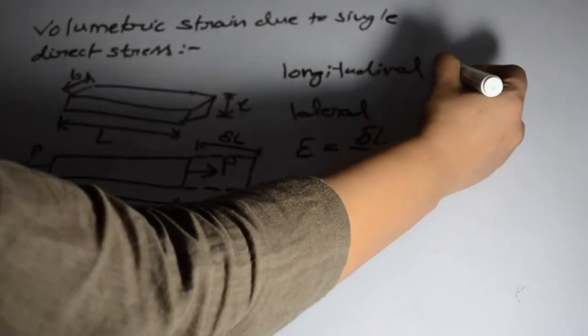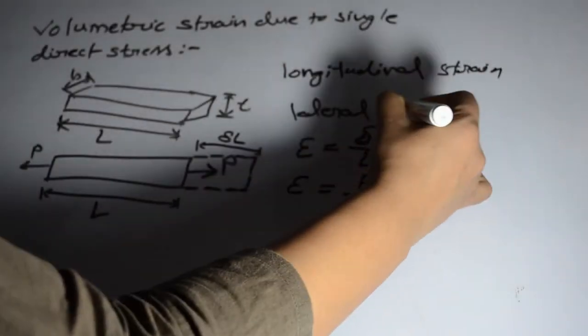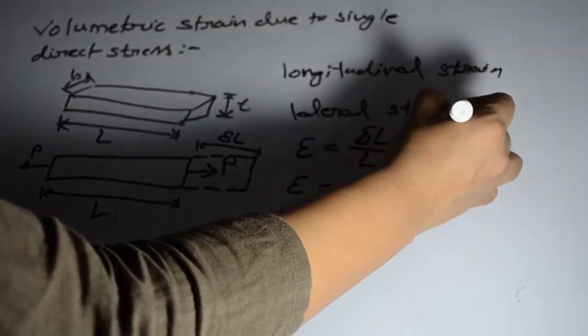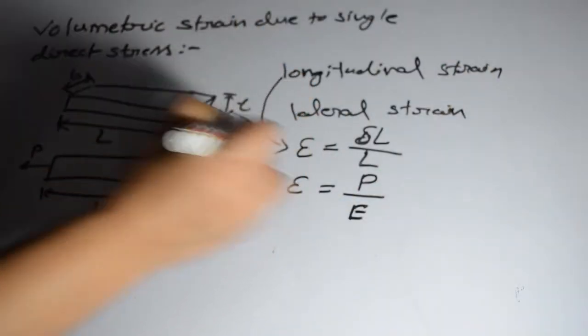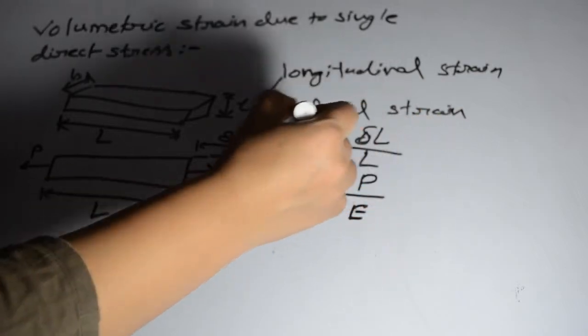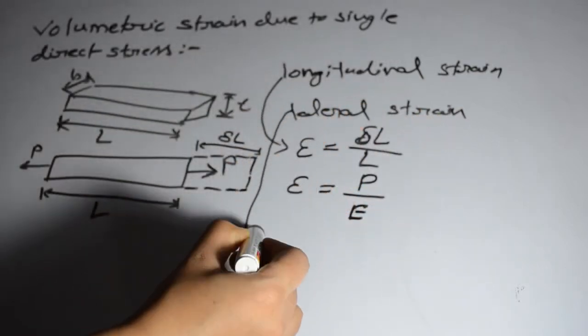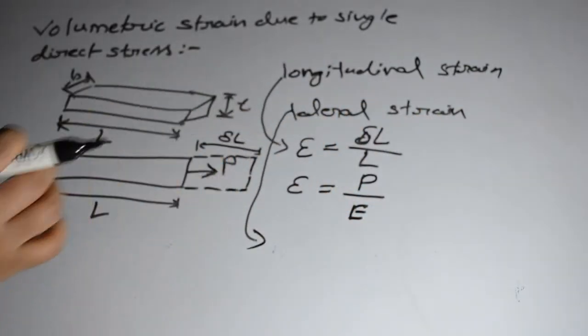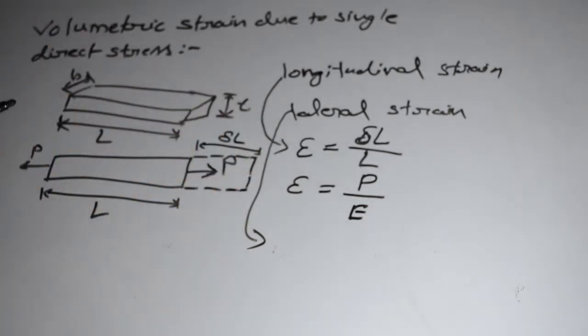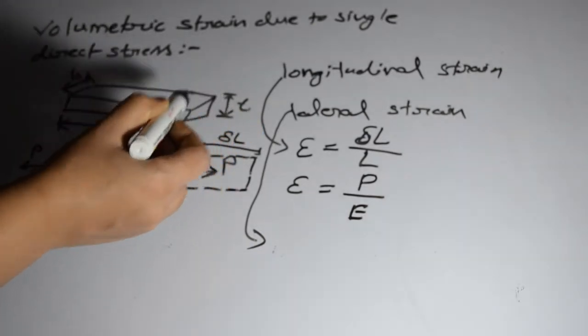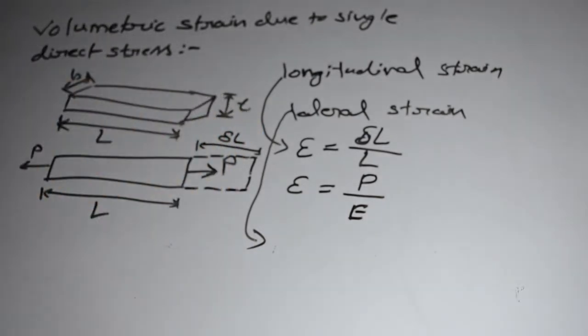This is the longitudinal strain and lateral strain. Lateral strain: if we are applying force in the longitudinal direction, the length is changing, as well as its width and thickness.